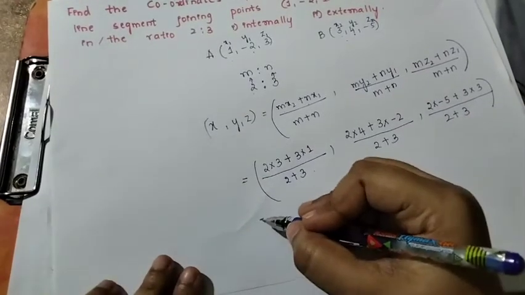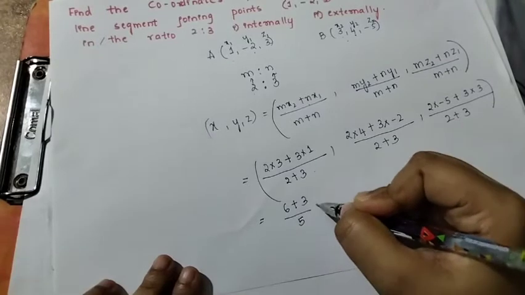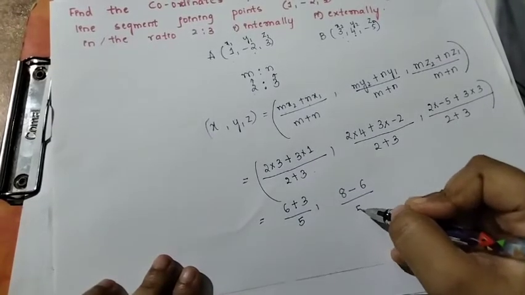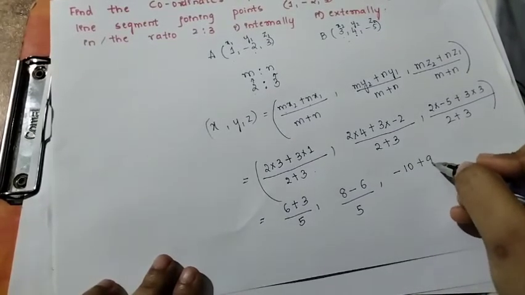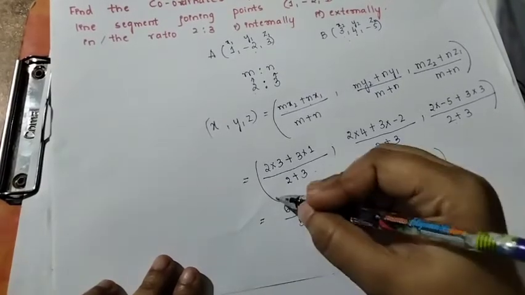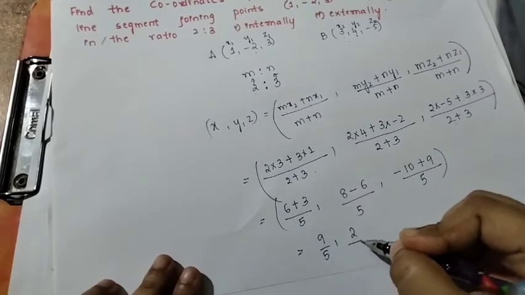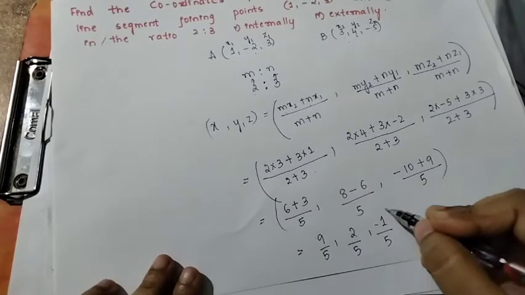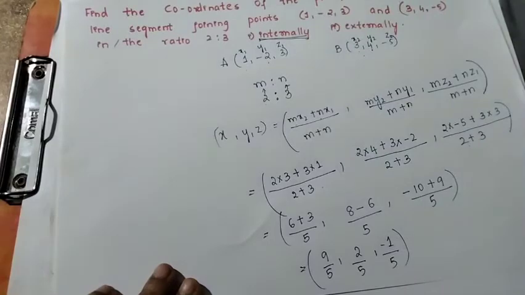So this is equal to 6 plus 3 divided by 5, 8 minus 6 divided by 5, then minus 10 plus 9 divided by 5. Which answer do you get? 9 by 5, 2 by 5 and minus 1 by 5. So these are the coordinates when you divide them internally.